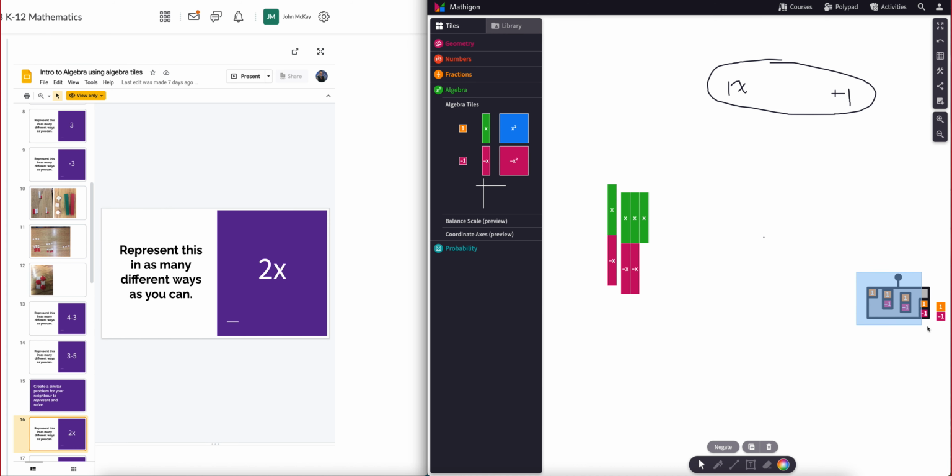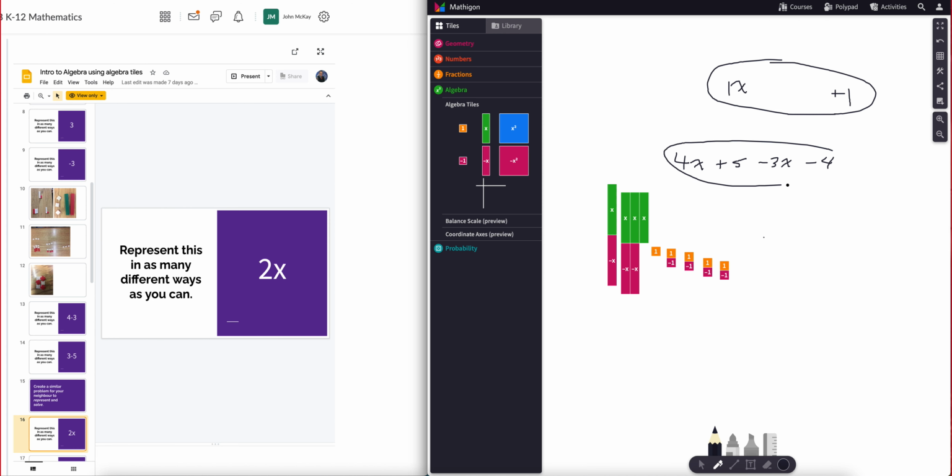This was your basket, all thrown at you and said, here, go organize it. So you basically have something that looks like this. You have 4 x's, plus 5, and then it looks like there's some minus x, minus how many minus x's? 3 minus x's, right? And then it looks like, oh, you got minus 4 here. This is what was thrown at you in the basket.